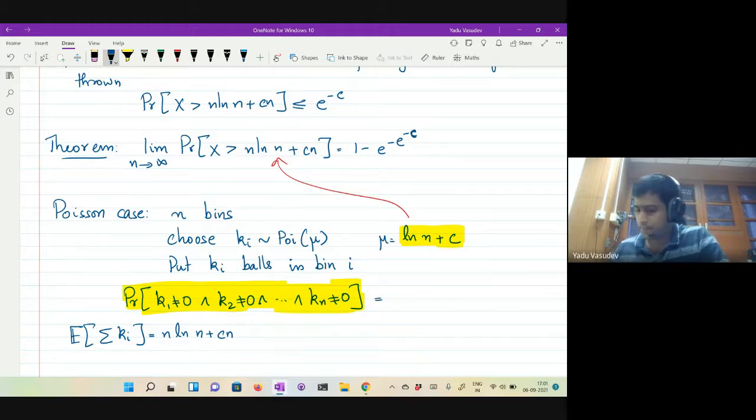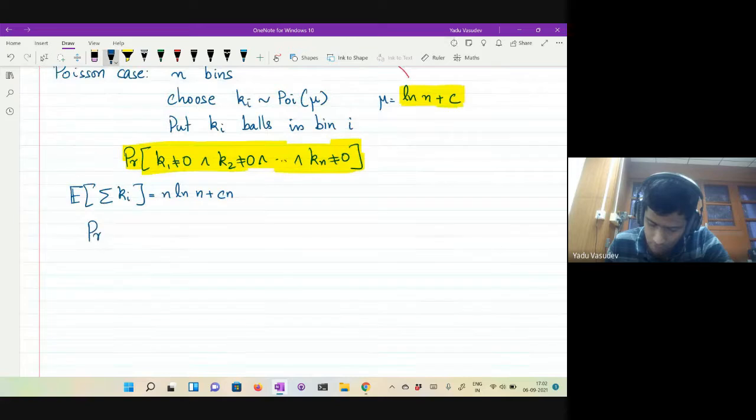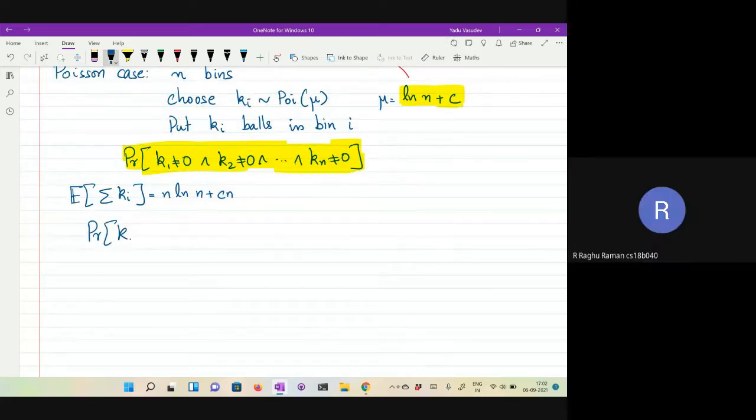What is this probability? What is the probability that k_i is equal to 0?